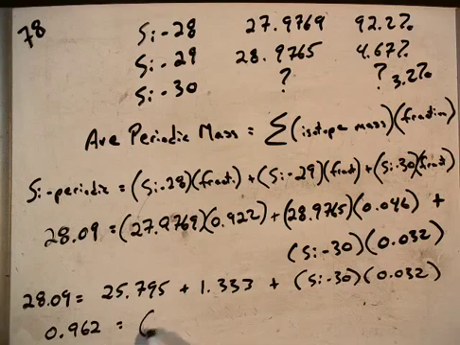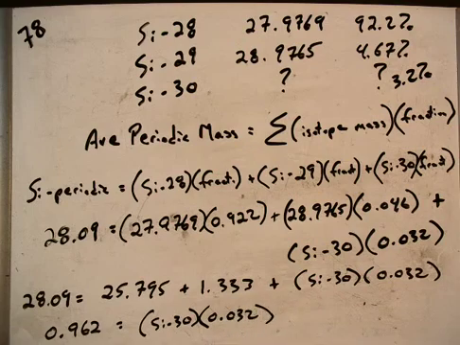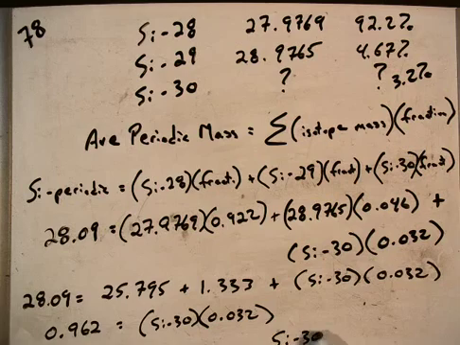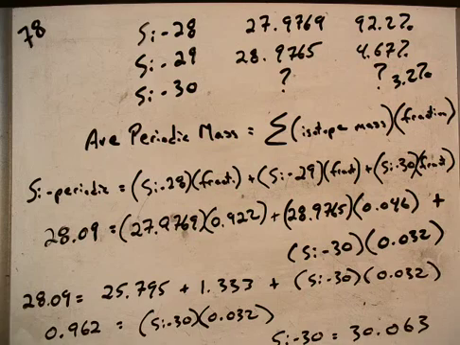And so that would be equal to our Si-30 times its fraction, or its natural abundance. And then when we do the math, we get an atomic mass of this isotope of silicon to be equal to 30.063.